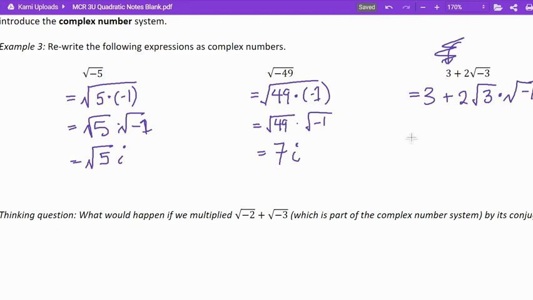And the only thing I can simplify in this case is that root -1 is just written as i. And notice the i always goes at the end. And I can't add a real number and a complex number, right? These cannot be added.